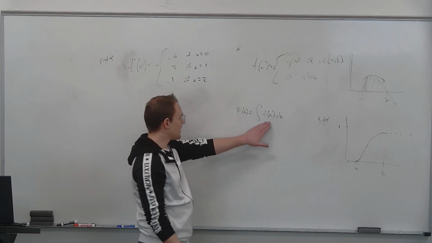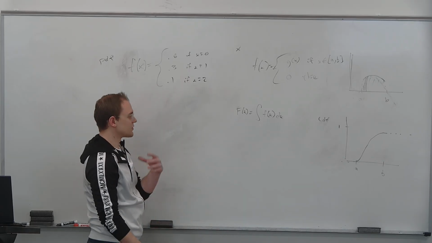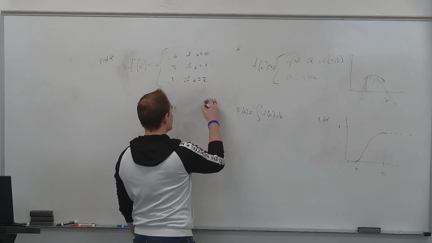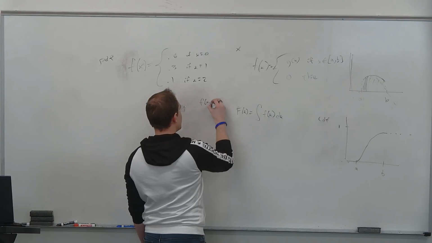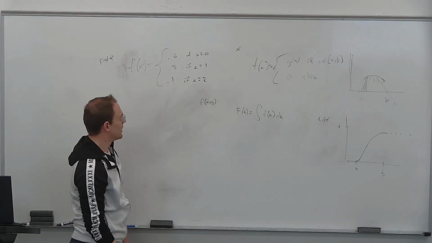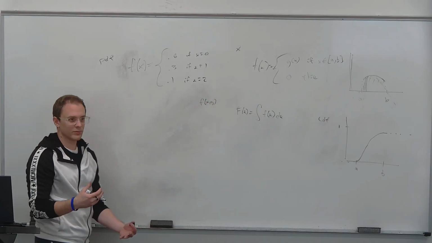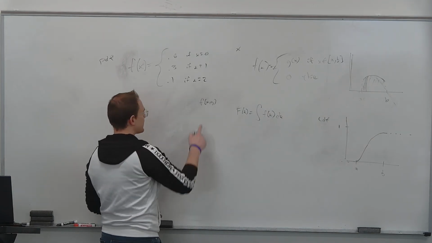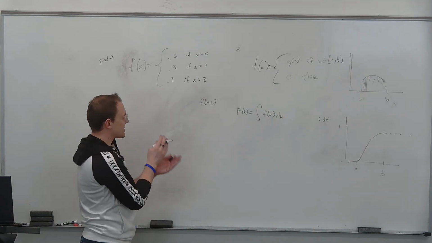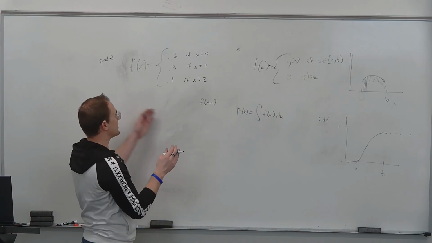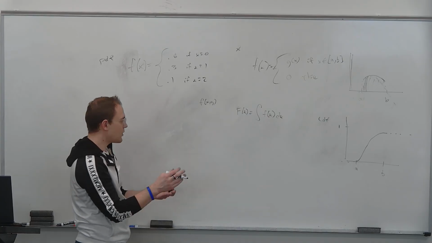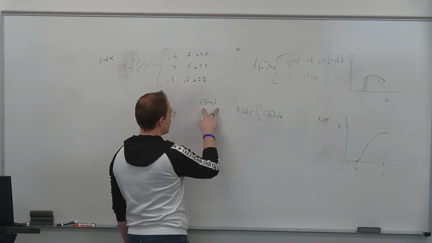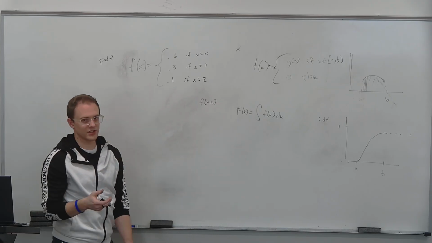And you don't have to have a probability distribution function in terms of just one random variable. You could have it in terms of 2 random variables, like f of x, y. That could be a joint PDF, a joint probability distribution function. Whether in discrete land or continuous land, you could sum over all of one variable to get your marginal distribution function in terms of the other variable.